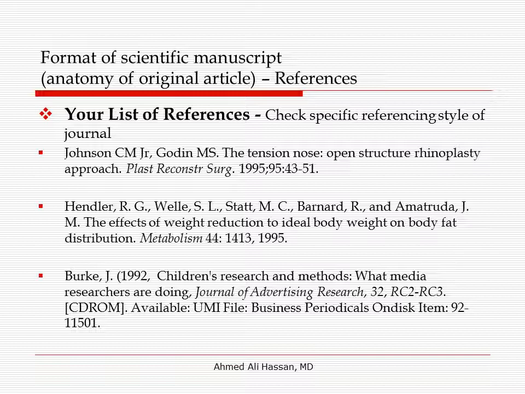These are the three types of writing the format of the references. So it's important when you publish in a specific journal to go into the instructions for authors and know well how this journal accepts the format of reference to be written.